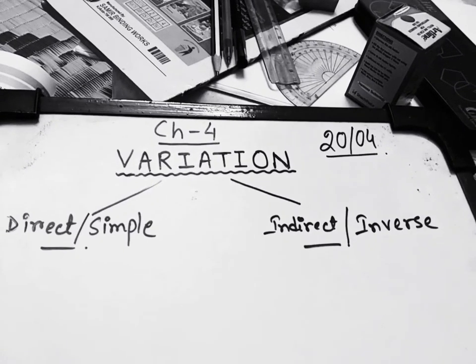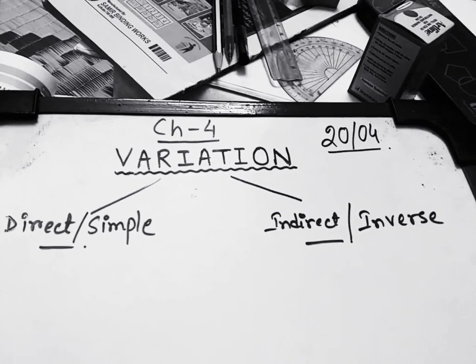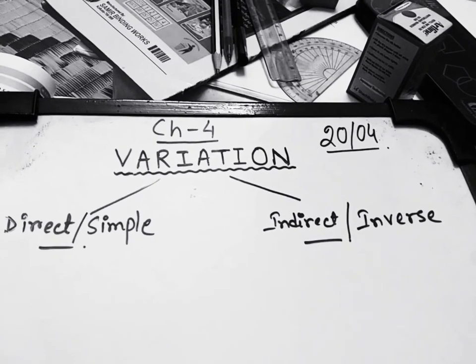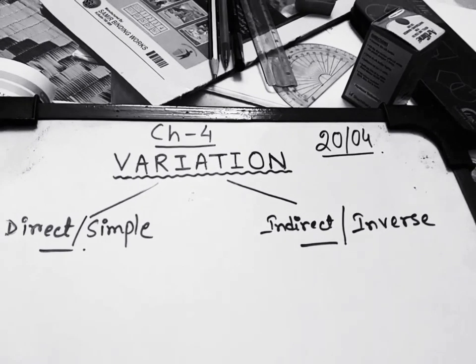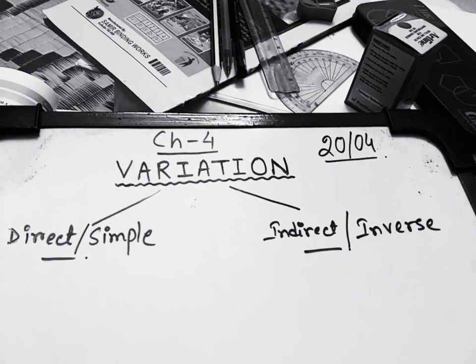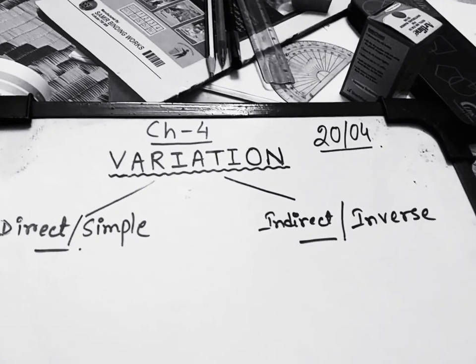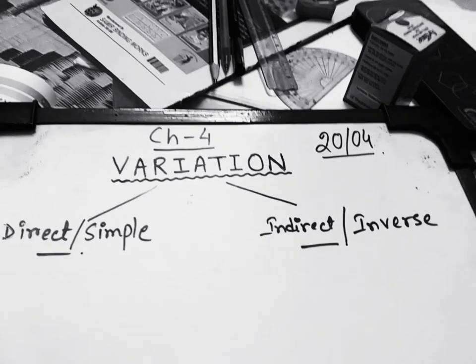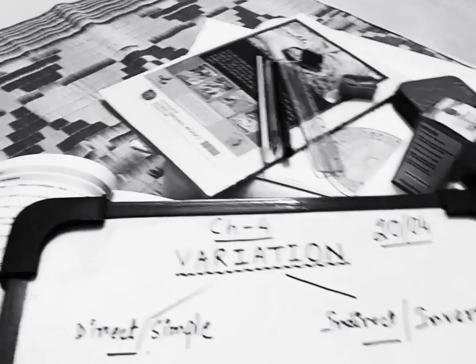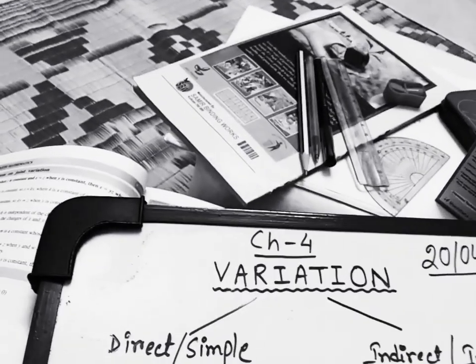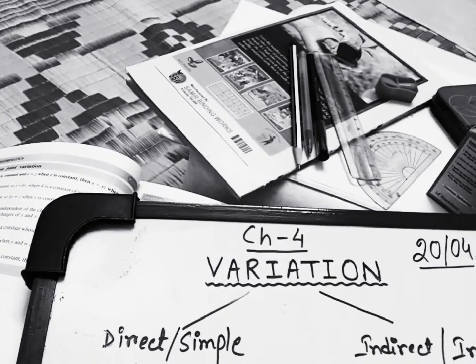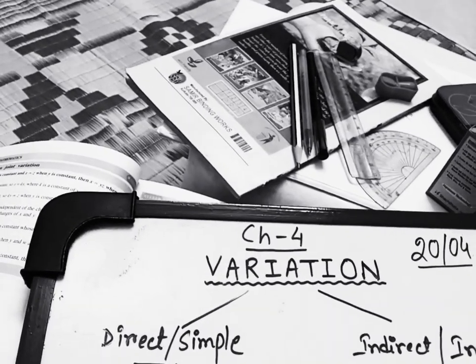Direct or simple means if the first one increases, then the second one also increases. If the first one decreases, the second one also decreases. So whatever happened with the first one, the same happens with the second one. For example, take area. We know the formula of area, A equals pi r square.